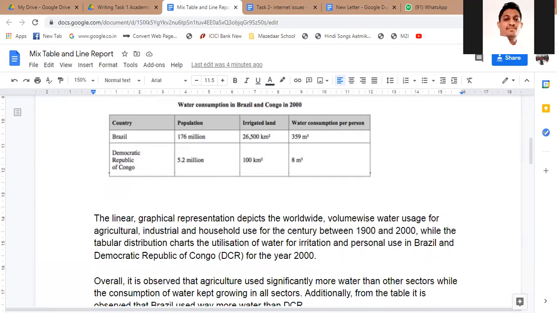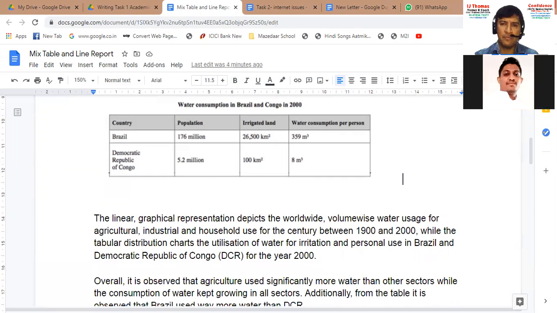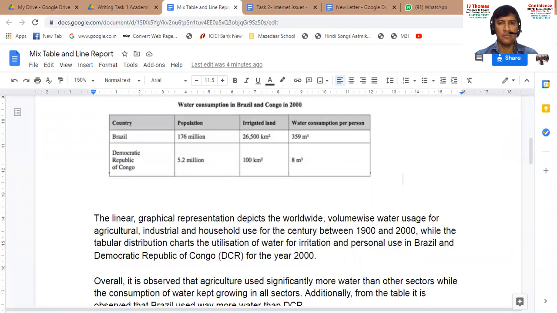Okay, so here we write the introduction: the line graph describes the worldwide, so global, volume-wise water usage for agriculture, industrial and household, correct? From 1900 to 2000.